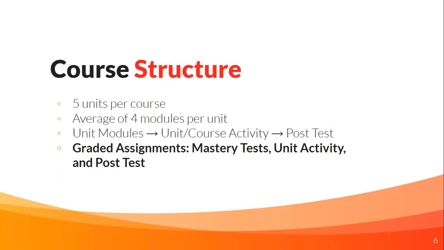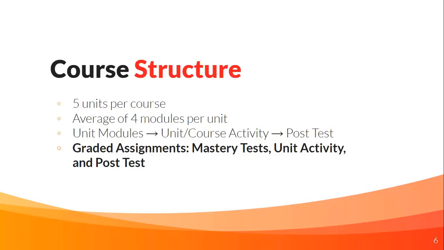There's an average of about 4 modules per unit. Some have a little bit more, some may have less. The order is the same as the integrated: unit modules, unit/course activity, and post-tests. And as I mentioned in one of the training videos, there is one or the other in each unit.